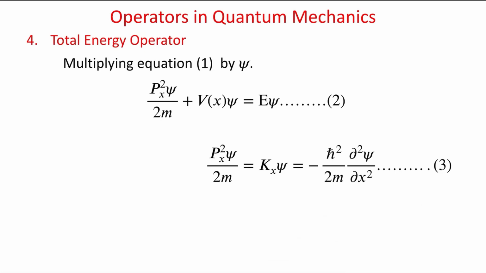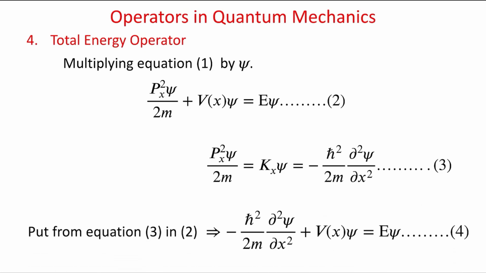How did we get this equation 3? This is simple, the eigenvalue equation for kinetic energy of the particle. If Kx is the kinetic energy along x-axis, then Kx psi is equal to minus h cross whole square divided by twice m del square psi upon del x square. This is the eigenvalue equation for kinetic energy of the particle.